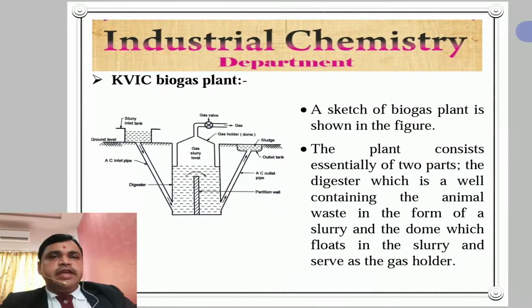First of all, we see the KVIC biogas plant, Khadi and Village Industries Commission biogas plant. Here, a sketch of the KVIC biogas plant is shown. We see the construction. The plant consists essentially of two parts: the digester, which is a well containing the animal waste and forms a slurry, and the dome, which floats on the slurry and serves as a gas holder.